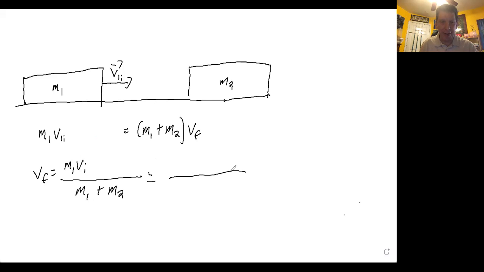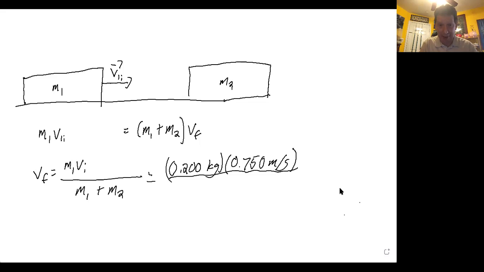So the mass of the first clay bear is 0.200 kilograms and its velocity is 0.750 meters per second. So that's the initial momentum of the system. And you're dividing it by the total mass to get the final velocity of the system.